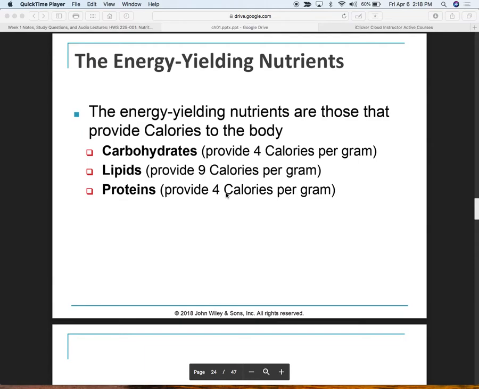So fiber is a carbohydrate, but we do not absorb fiber into our bloodstream and use it as energy. It's still technically a carbohydrate, but we don't get any energy out of it. Do you understand? Okay. Is that clear? So when you eat lettuce, for example, lettuce has 0 calories, but it's a carbohydrate.